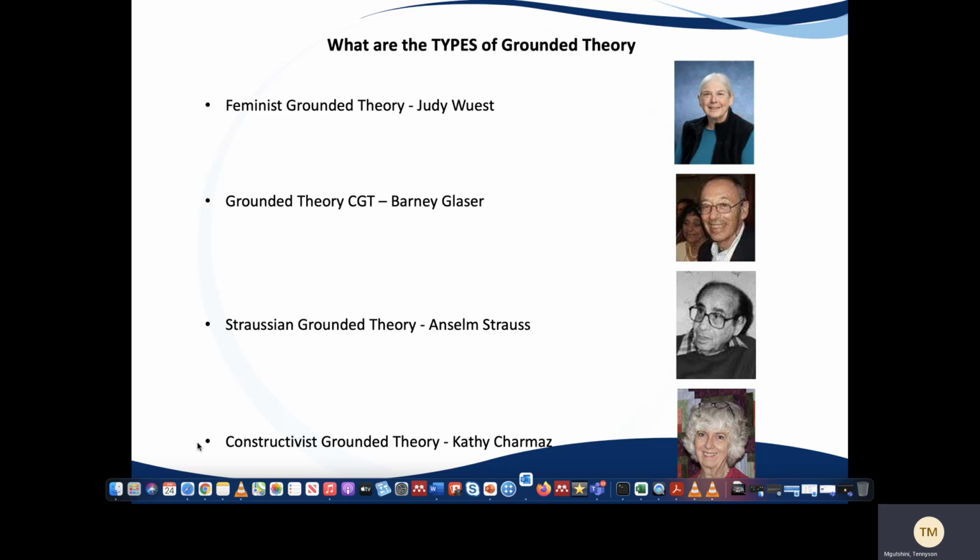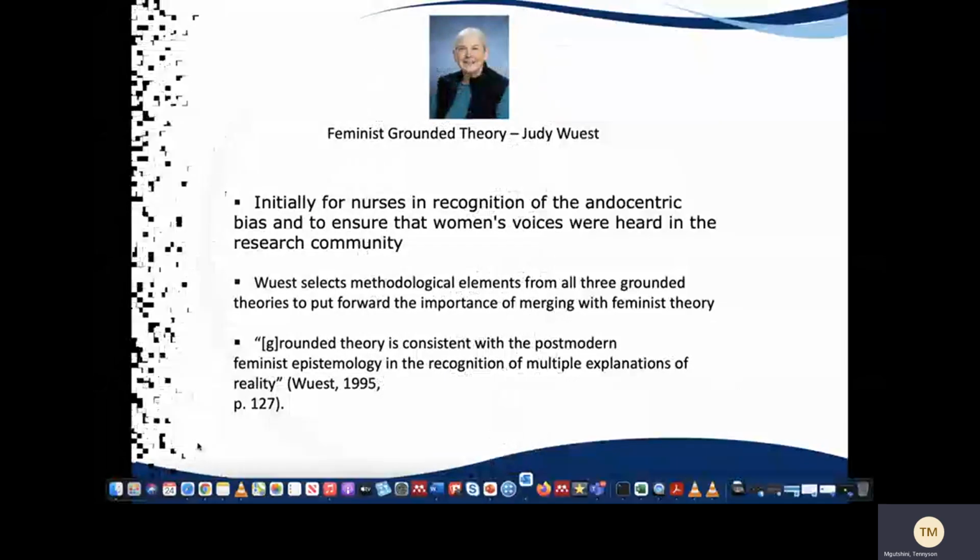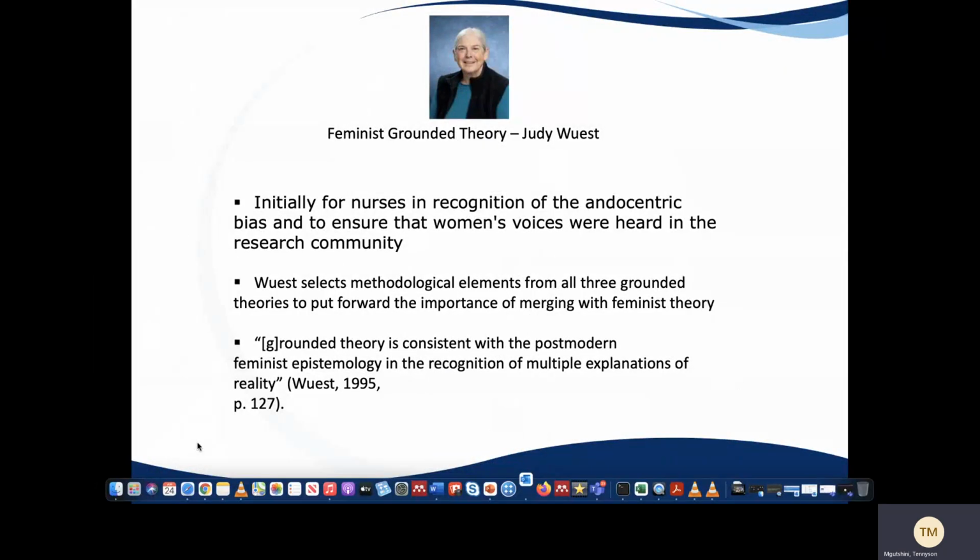And it is important to note that the 2 founders, Glaser and Strauss, who came up with the initial understanding of grounded theory, have over the course of time become divergent from each other, and they hold different positions about it. So it is an interesting story to watch.